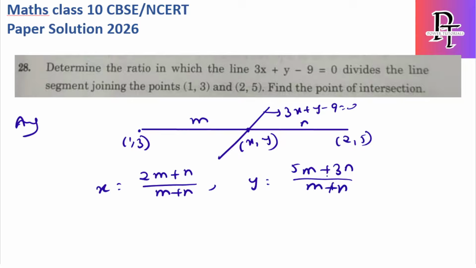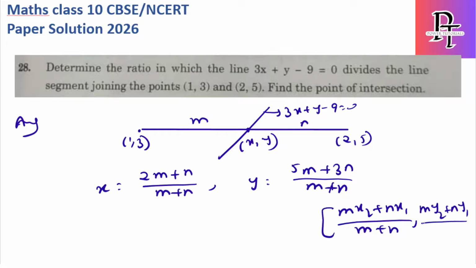Hope you understood how I wrote this. I just used the ratio formula. I will write it again: the formula is (mx2 plus nx1) by (m plus n), comma (my2 plus ny1) by (m plus n).